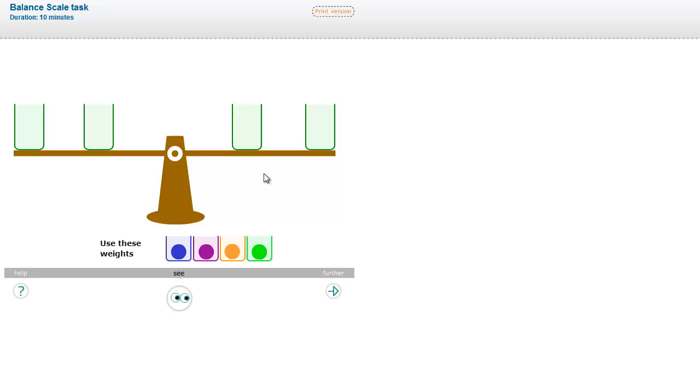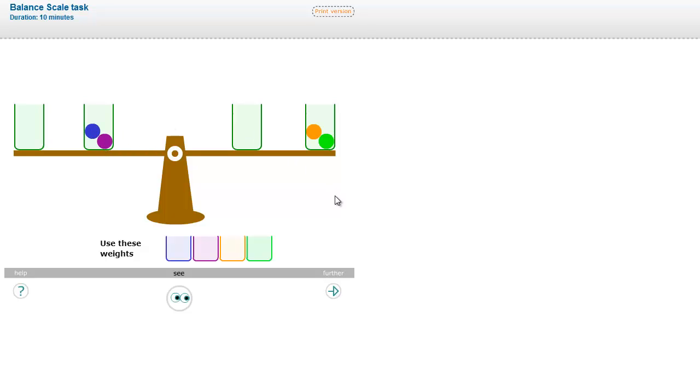So let's try one more. Let's take two here and put 2 here. Now, if you ask a Rule 1 user, usually very young children, they will, like I said, just look at the weights. So they say 1, 2, 1, 2.